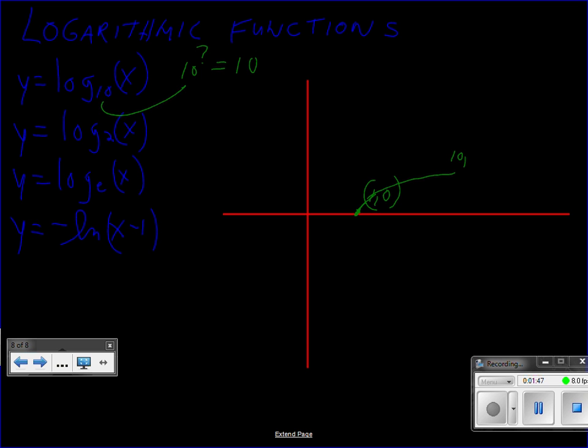That's what this is. 10 to the 0th power is equal to 1. That's where you get that. 10 to the what power is equal to 1?